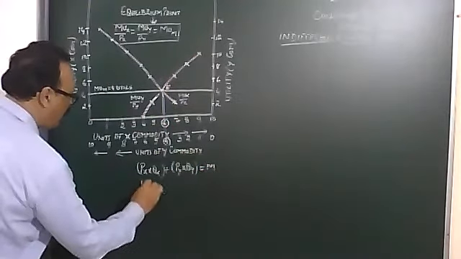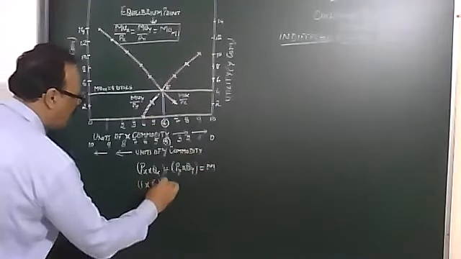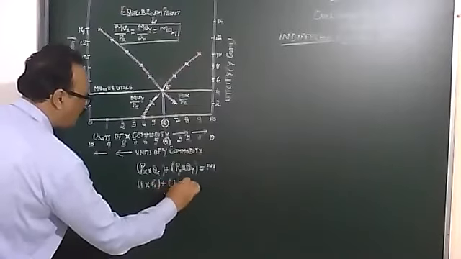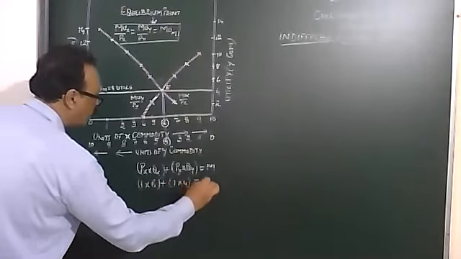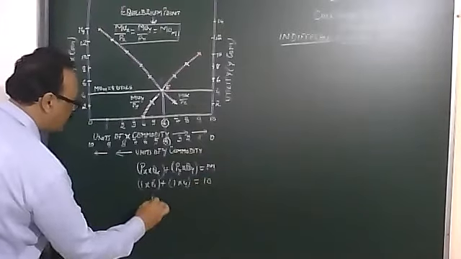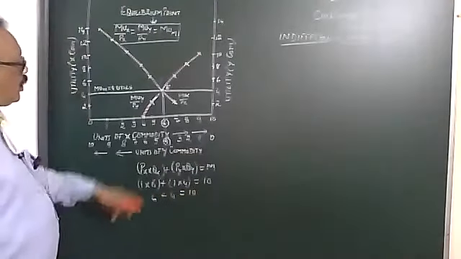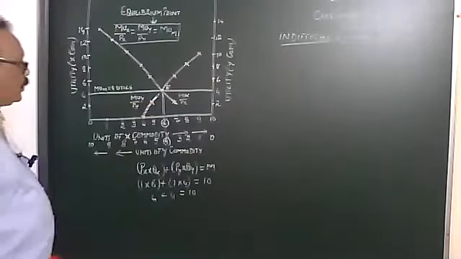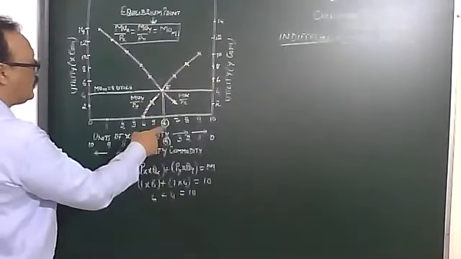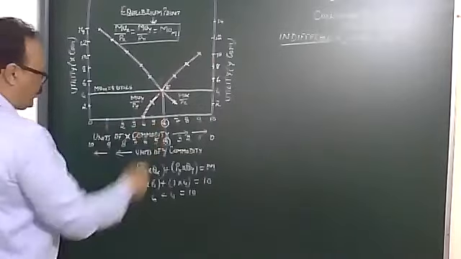Price was 1, for X it was 6, plus price was 1, 4 is equal to money was 10, 6 plus 4 is equal to 10. This is what this diagram is showing you. 4 units of Y, 6 units of X.